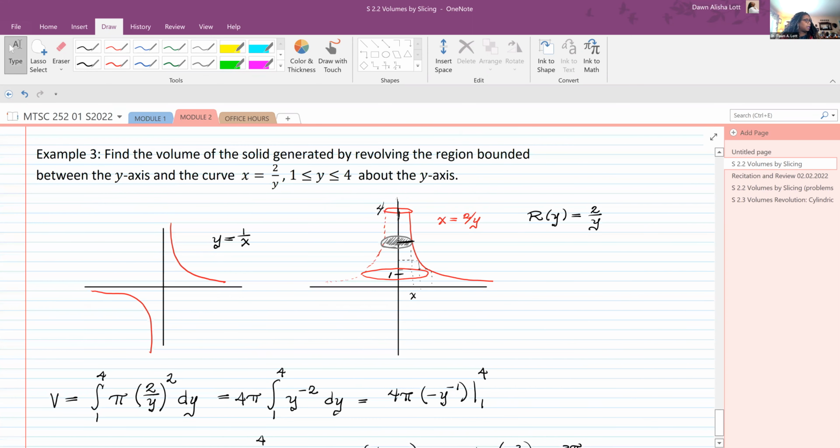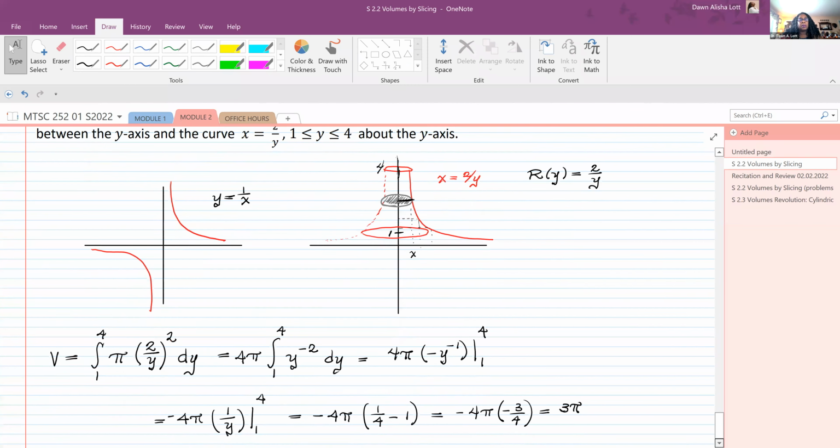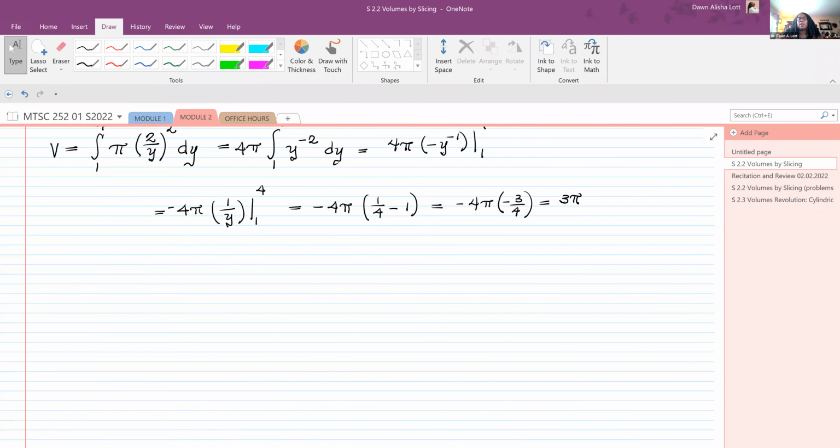All right, I have another volume by disk problem, but this one I need to draw for you. So this one looks weird. Okay, all right, so here's the next one. We'll steal from my problem sheet.